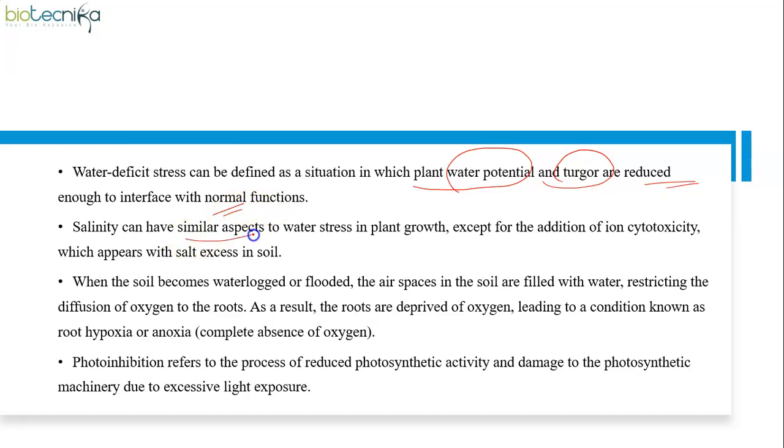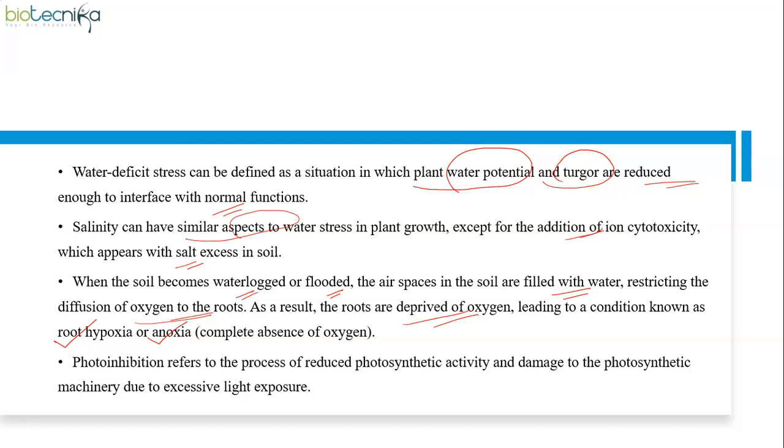Salinity has similar aspects to water stress, except for the addition of ion cytotoxicity, that is, salt is present in excess in soil. When the soil becomes waterlogged or flooded, the air spaces in the soil are filled with water, restricting the diffusion of oxygen to the roots. As a result, the roots will be deprived of oxygen. Obviously, that condition is known as root hypoxia, or we can also say anoxia.